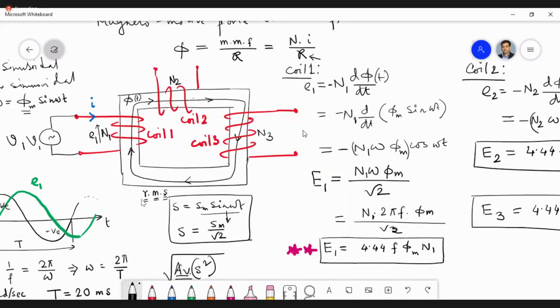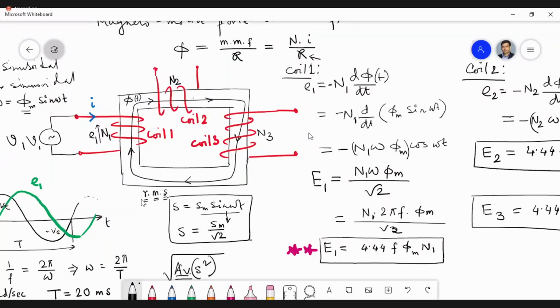I don't have any name for the fourth coil right now, but up to three coils are used for transformers. Primary and secondary are very common. In typical applications, we also use a tertiary winding, which is the third winding of a transformer.